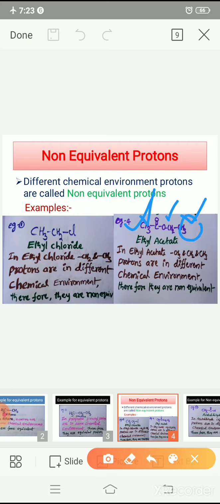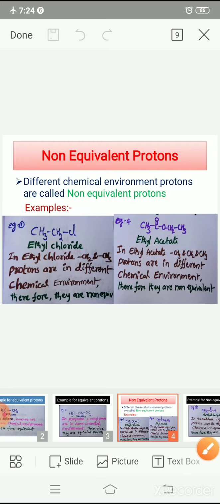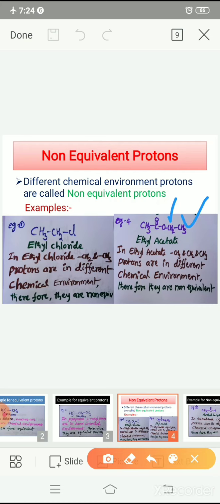Here, this CH3 is attached to CH2, but this other CH3 is directly attached to the C double bond O. That is the difference. So these two CH3s are in different chemical environments. That's why they are non-equivalent.